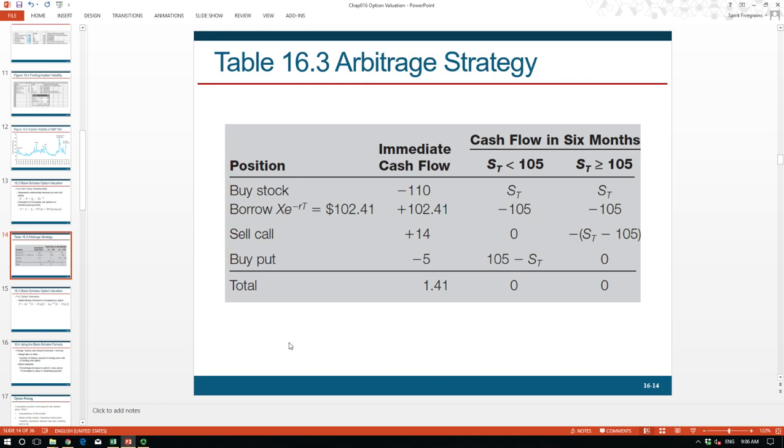The stock price is $110. Let's say the strike price is also 110, and the present value of the exercise price is $102.41, and the difference is $7.59. So on the left side you have $9, on the right side you have $7.59.